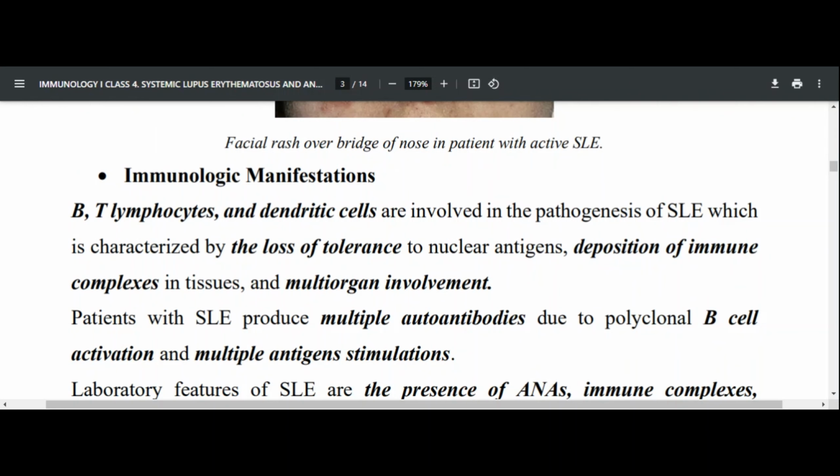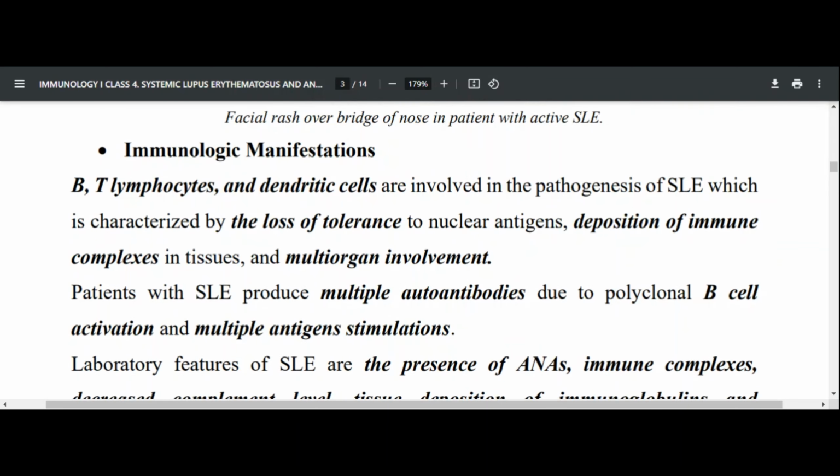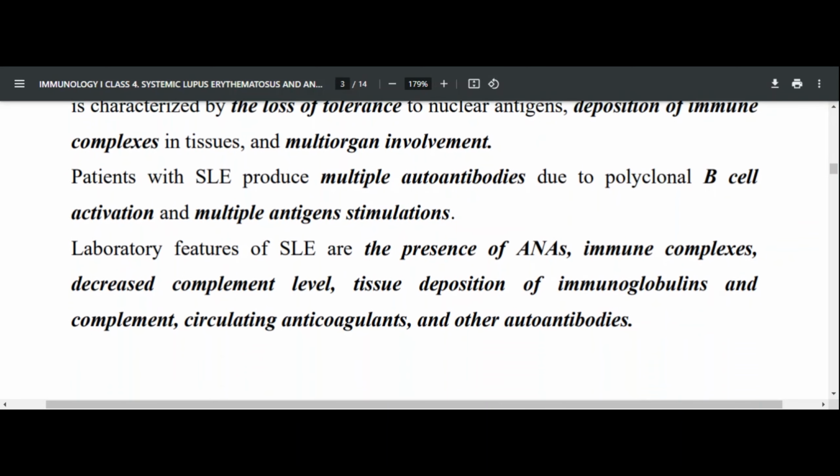There is also another problem apart from this involvement of cells, which includes deposition of immune complex and also multiple organ involvement. Patients with systemic lupus produce multiple autoantibodies, because of polyclonal activation of B lymphocytes. B lymphocytes are activated in a polyclonal fashion, which means different clones of B lymphocytes are activated and synthesize different antibodies.